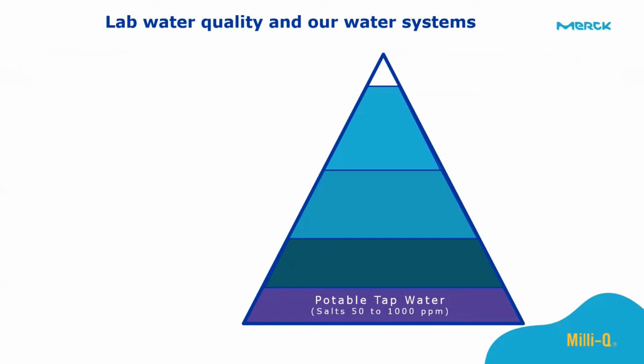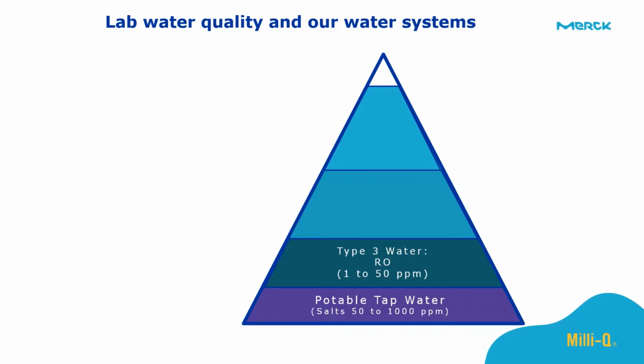Based on the location, the potable tap water contains salts in concentrations of 50 to 1000 ppm. And this is where we start with the production of pure water. The first is type 3 water, which is basically reverse osmosis water.